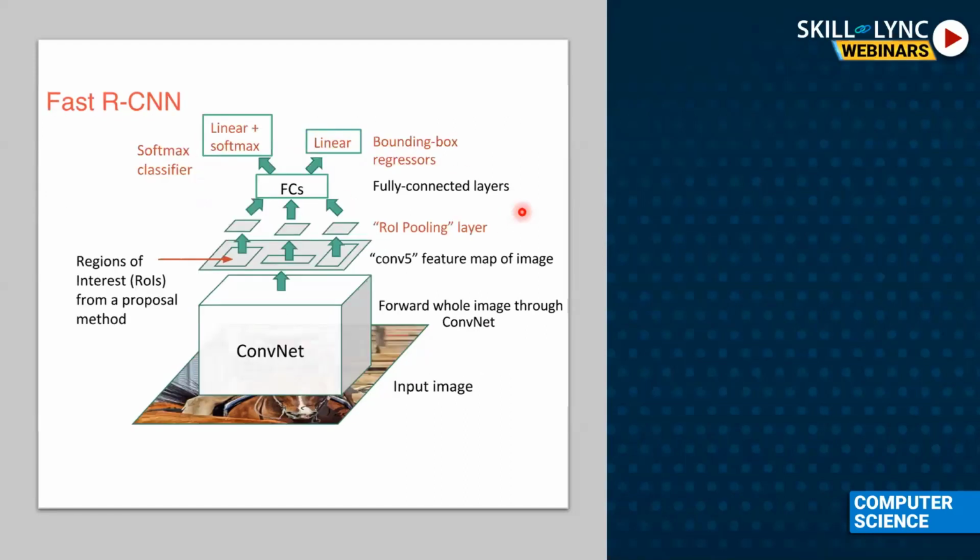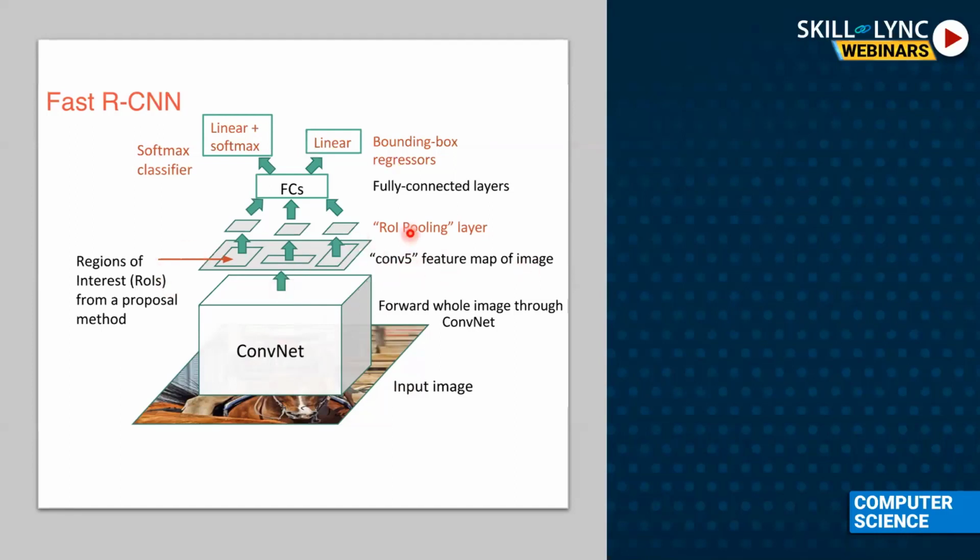We have Fast R-CNN. What Fast R-CNN does is, instead of just finding some regions of interest from the image, we first extract the features, and then on the features we perform selective search to find the regions, and then we perform convolution on those regions of interest. So this is our input image, and this convnet is extracting our features, and we have, suppose, a conv5 feature map.